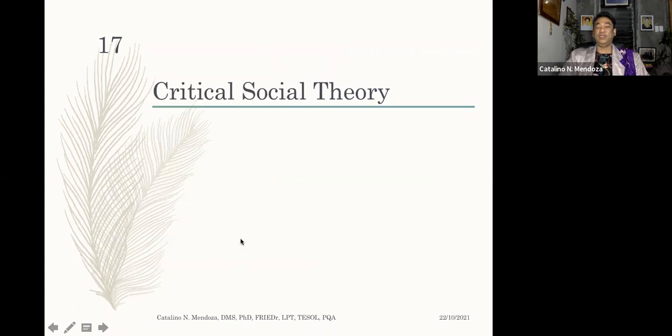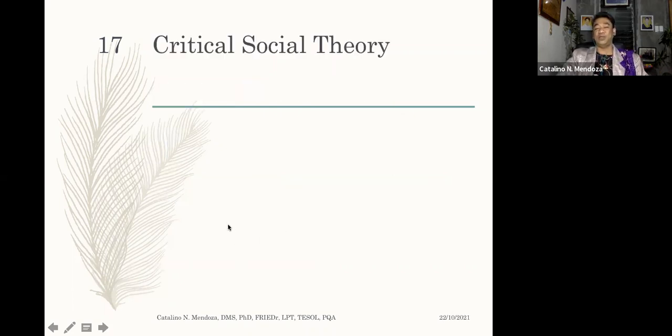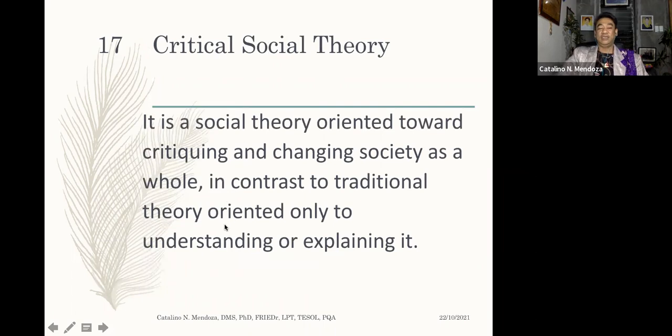Okay, so another one is the critical social theory. Critical social theory is a social theory oriented toward critiquing and changing society as a whole, in contrast to traditional theory oriented only to understanding or explaining it.